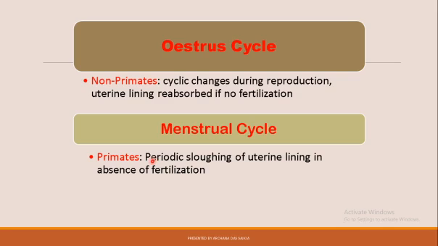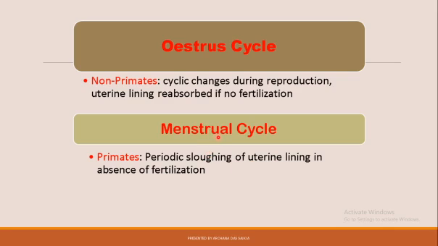So what happens here? The uterus prepares itself for fertilization, and if fertilization happens, then the young one, the fetus, will start developing inside the uterus. The uterus will go on nourishing the young one. But when fertilization does not occur, then the uterine lining will be discarded. In absence of fertilization, it will be discarded out of the body in the form of menstruation.